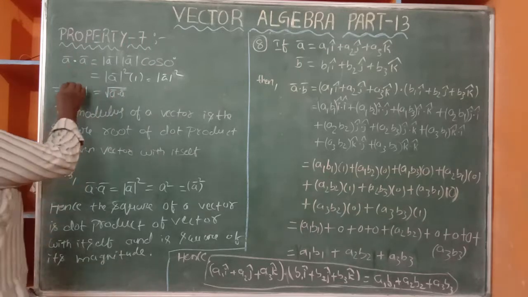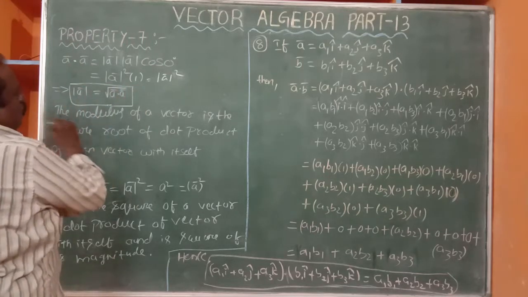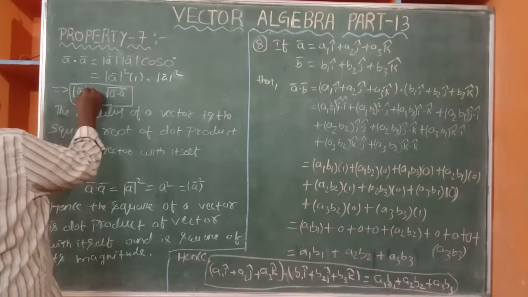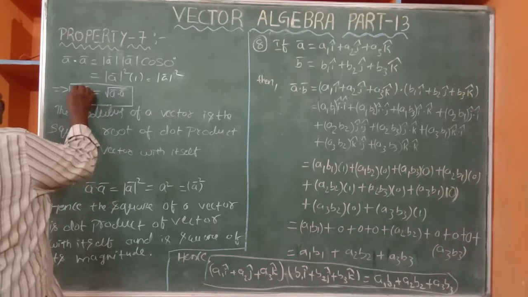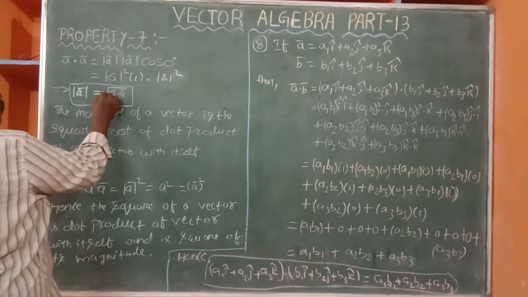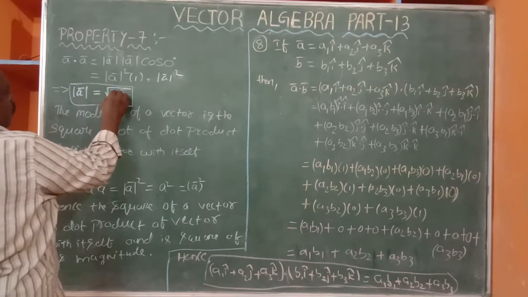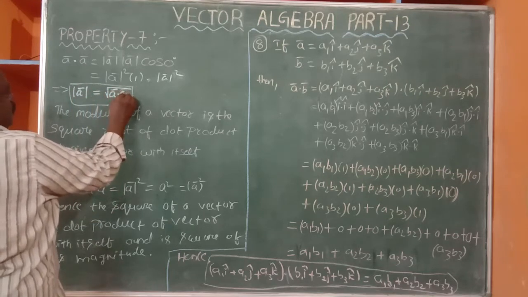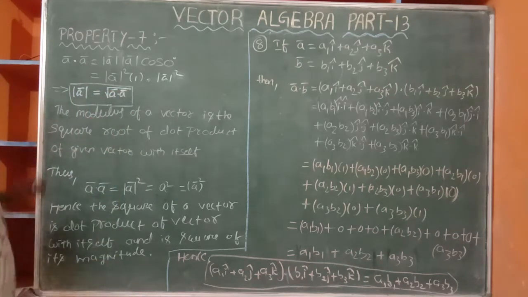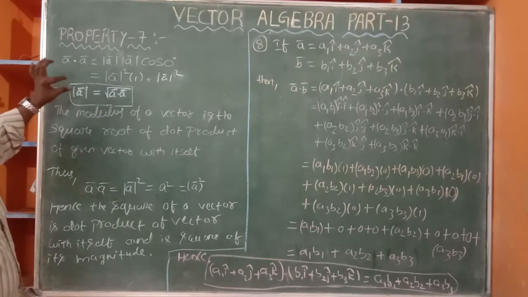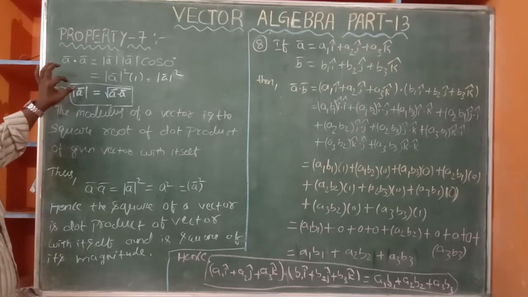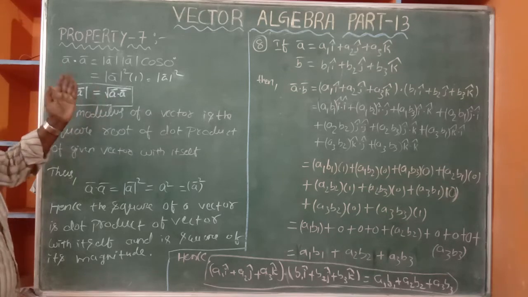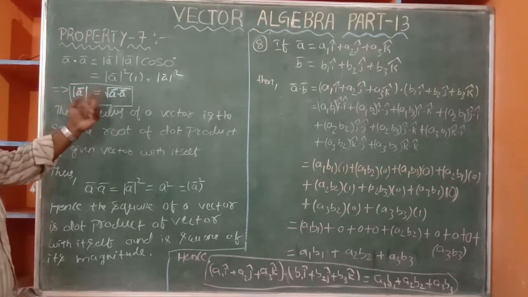It is a new concept. The modulus of A bar, the length or magnitude of any vector, is the square root of A bar dot A bar.